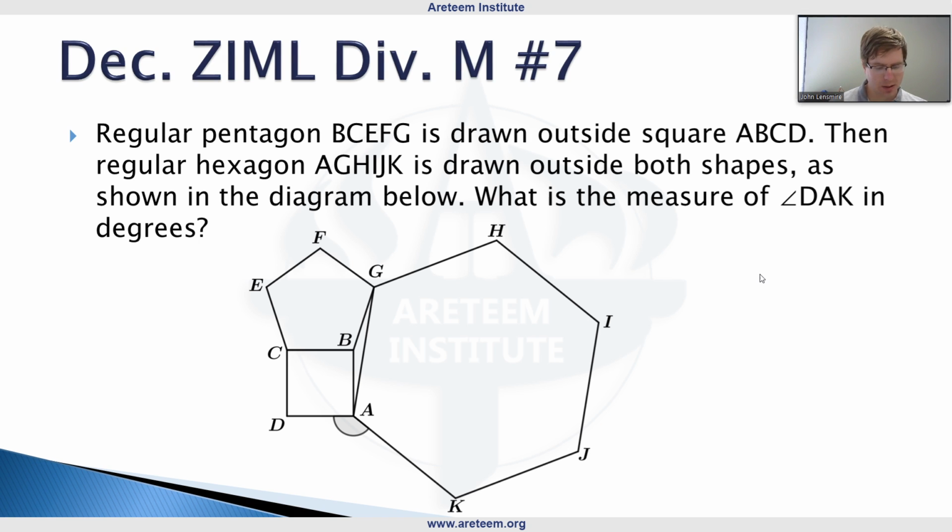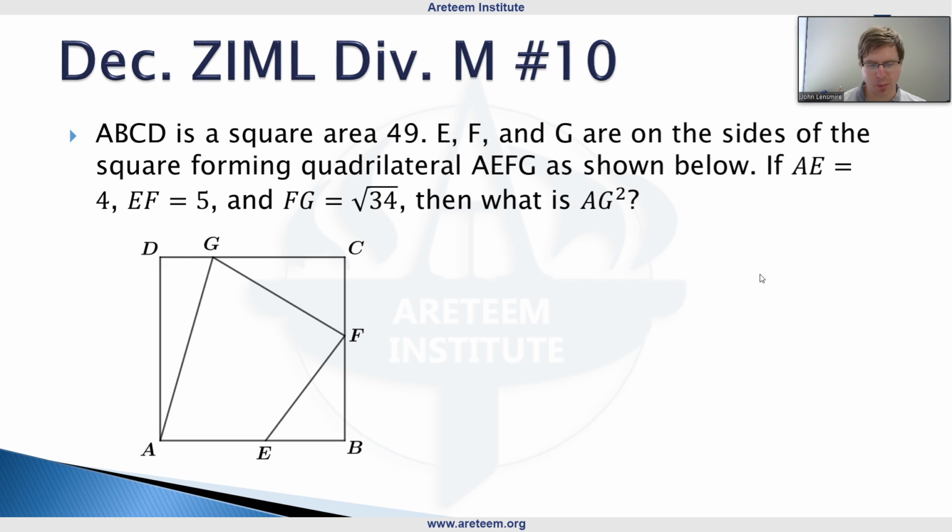Okay, now let's do a practice problem with the Pythagorean theorem. So what do we have here? We have some different information, a square with area 49. And so as we're reading this, a lot of the times you might want to just quickly come up with facts, right?